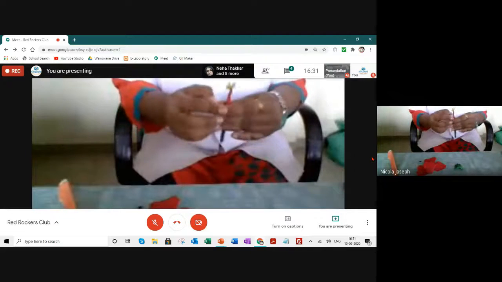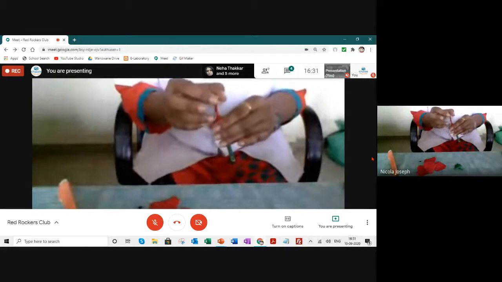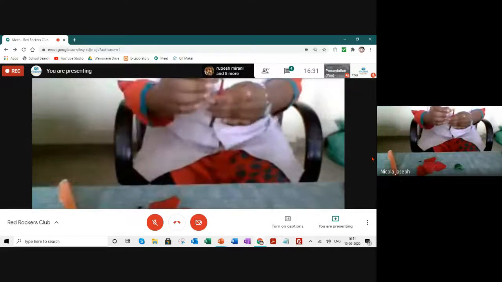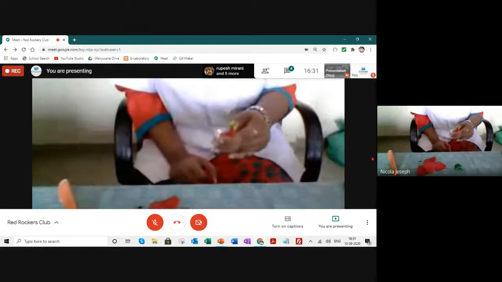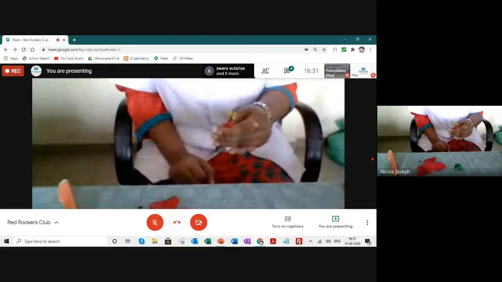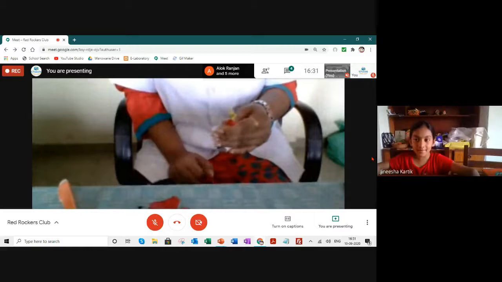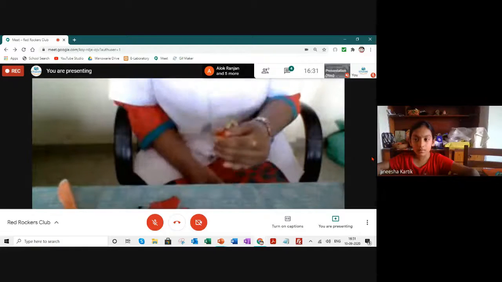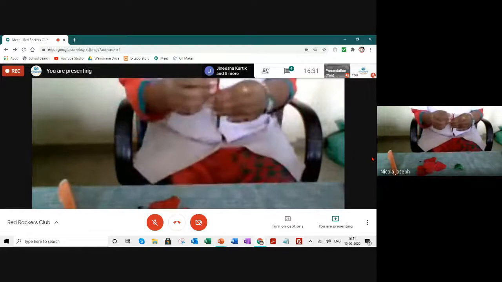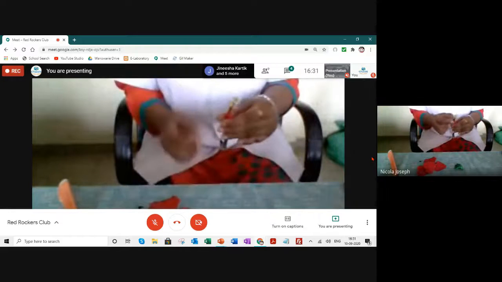And what is inside this? What did I say? What is present inside the anther? Pollen. Yes, pollen is present inside the anther. Understood?